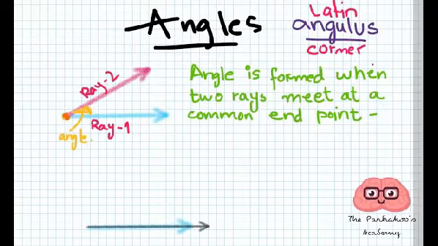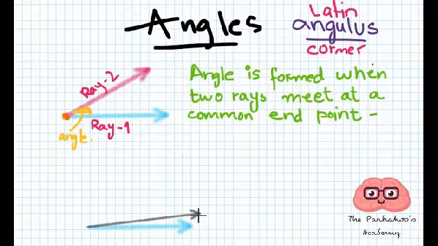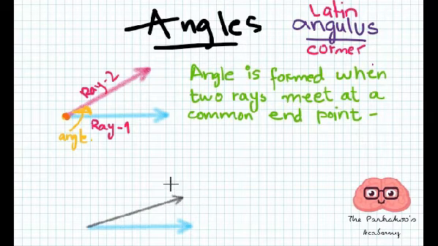So let's try to understand in another way as well. Here let's consider two rays which are actually one over another. Now if I move ray 2 from ray 1 like this, it's basically turning or rotation.